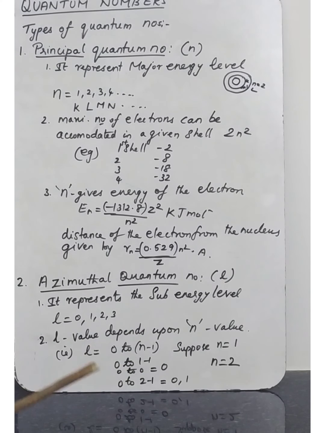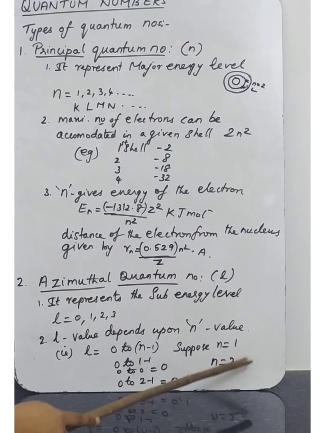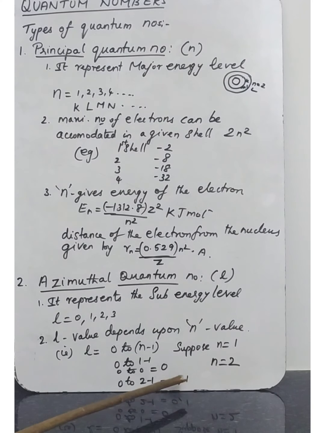So if n value is equal to 1, the possible l value is 0. Understood? If n value is equal to 2, 0 to 2 minus 1. Instead of n, we substitute 2. 2 minus 1 is 1. So 0 is there and 1 also. So if n value is equal to 2, the possible l values are 0 and 1. If 0, s orbital, and if l is equal to 1, p orbital.